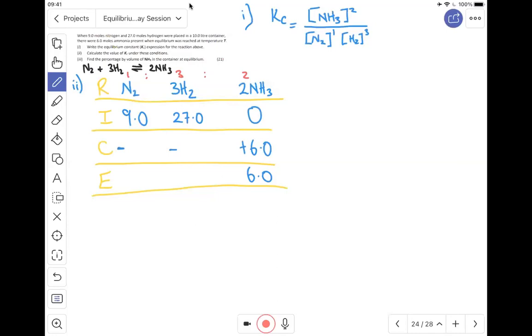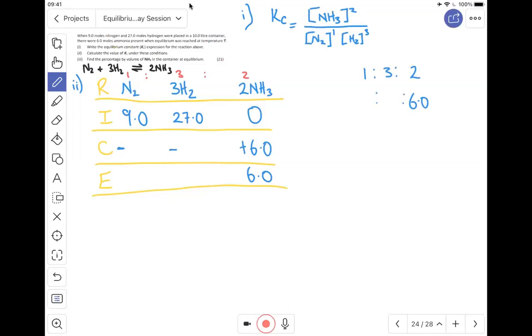Now, I'm going to do it over here. I've told you I have a 1:3:2 ratio. When the ratio is 2, I had 6 moles of ammonia. In order to figure out the rest of your ratios, you need to do a little bit of maths.